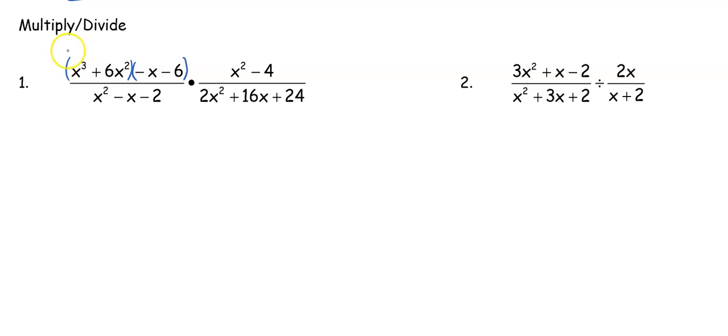We pull out the GCF from the first term, which is x squared, leaving us with x plus 6. Over here, I pull out a negative 1, which also leaves us with x plus 6. Remember, that's the key with grouping, is we need that same piece to be inside. So when I pull that, that gives me x squared minus 1. That's my first factor. And x plus 6.